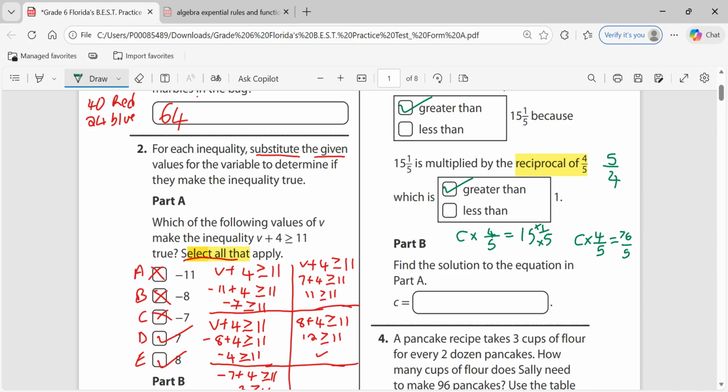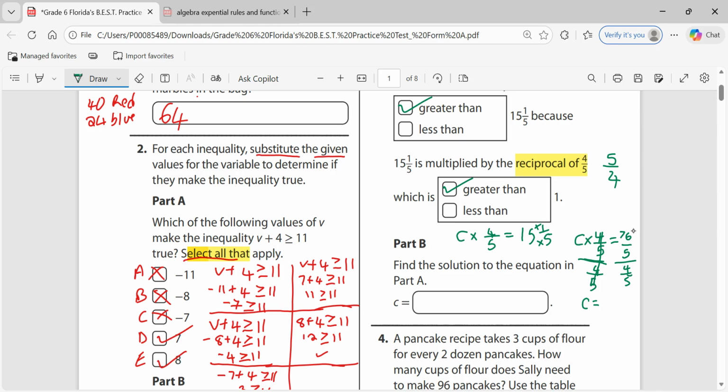So this is multiplied. If I want to get C by itself, I am going to do the opposite of multiplication, which is division. So I have to divide both sides by 4/5. That's what will cancel this out. So that C is equal to 76/5 divided by 4/5. But remember, I'm dealing with fractions here.